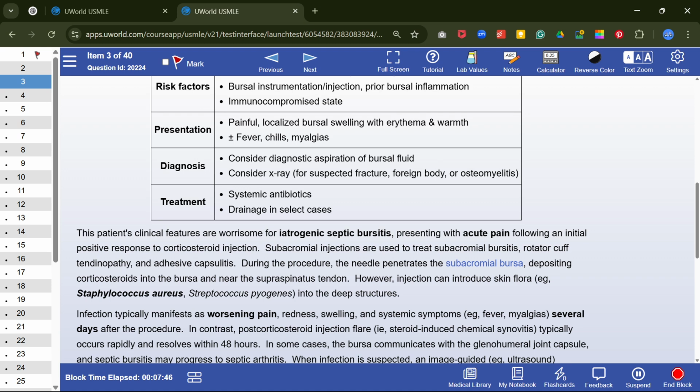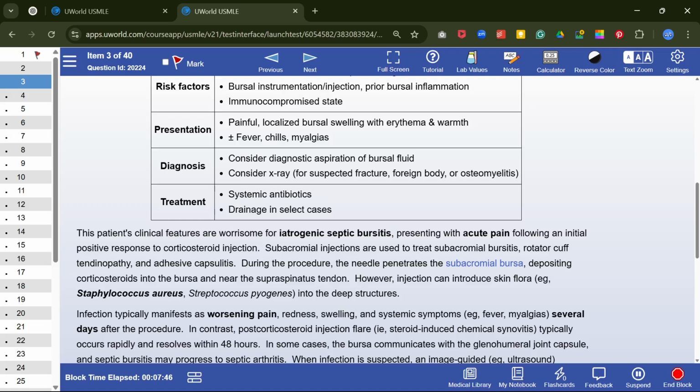Subacromial injections are used to treat subacromial bursitis, rotator cuff tendinopathy, and adhesive capsulitis. During this procedure, the needle penetrates the subacromial bursa, depositing corticosteroid into the bursa near the supraspinatus tendon.